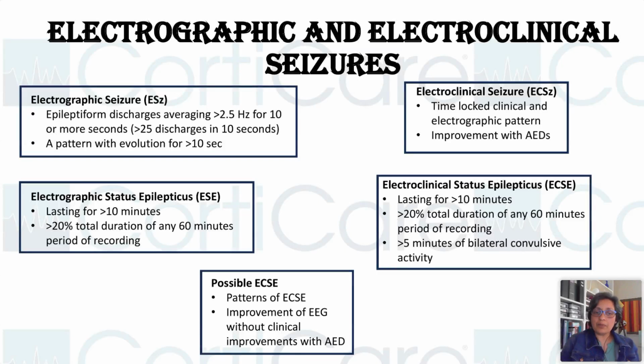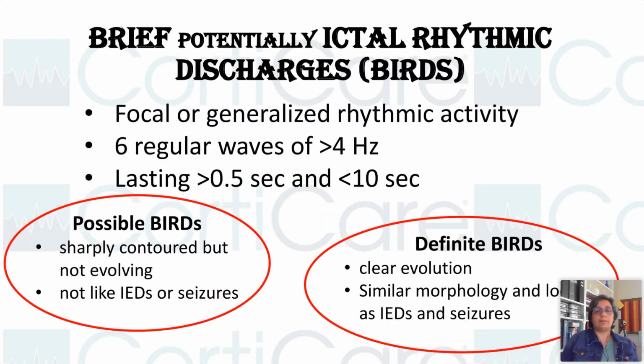That means the EEG improves, but there is no improvement in the patient's convulsions. At that time point, you have to start thinking that the clinical thing that is happening is subcortical. So the patient's EEG has improved, but the patient is still in myoclonus. So that is a possible electroclinical status epilepticus. And again, there are no slides to show you different kinds of events.